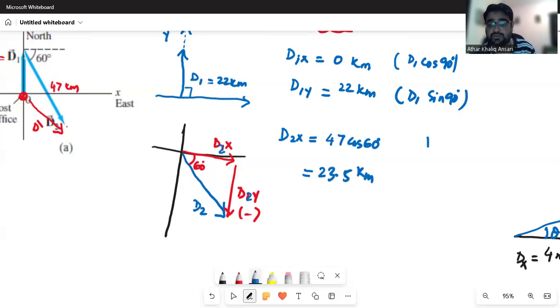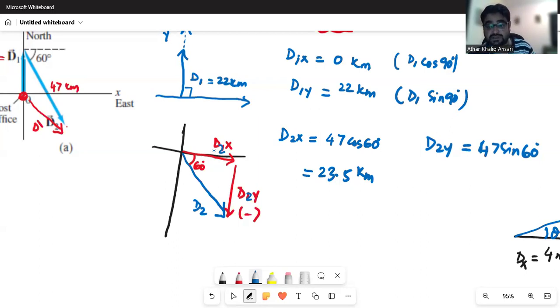Now D2y, as you know, will be equal to 47 sine 60. When I find 47 times sine 60, my answer is 40.7.